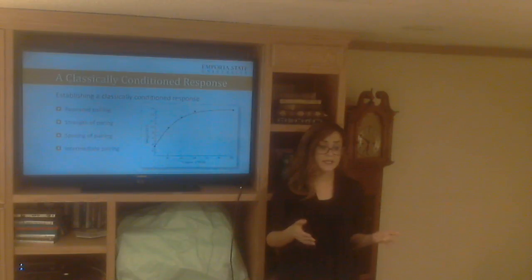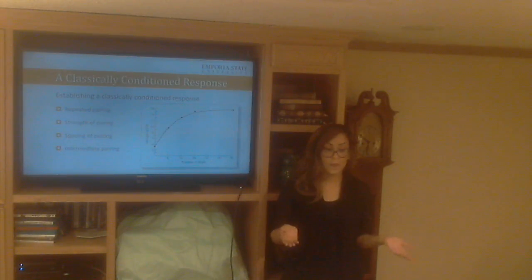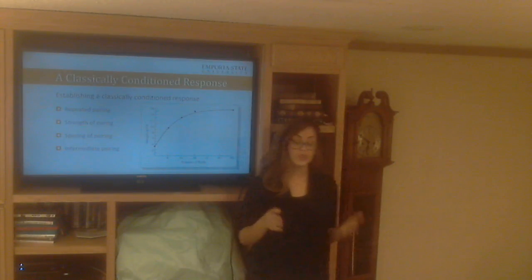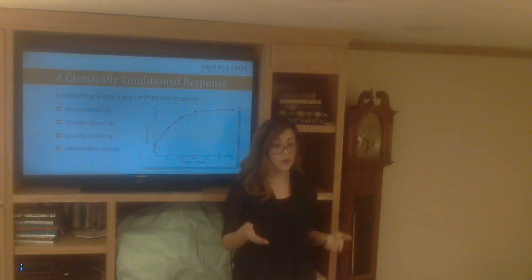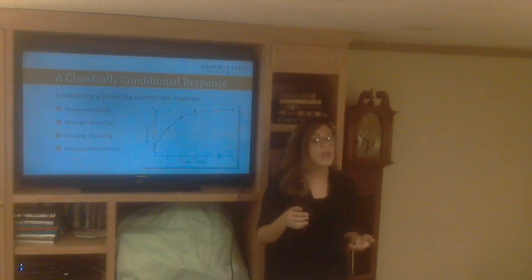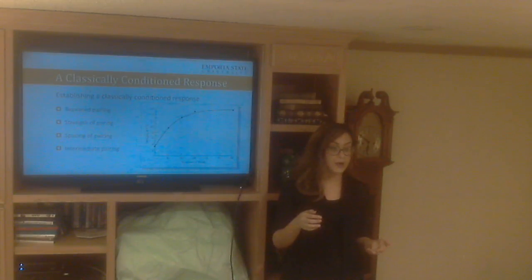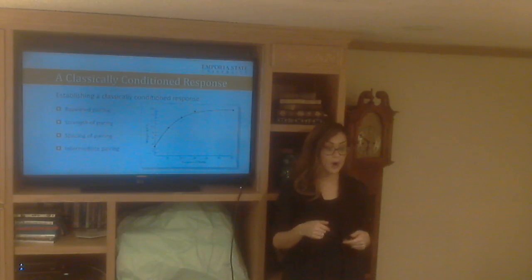The spacing of pairing is also important in establishing a classically conditioned response. If pairing of the conditioned stimulus and the unconditioned stimulus follow each other very rapidly or very far apart, the learning association is slower. If the pairing is moderate, neither too close together nor too far apart, the learning association is faster.